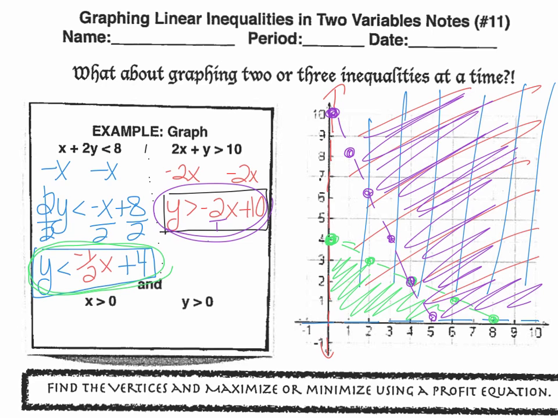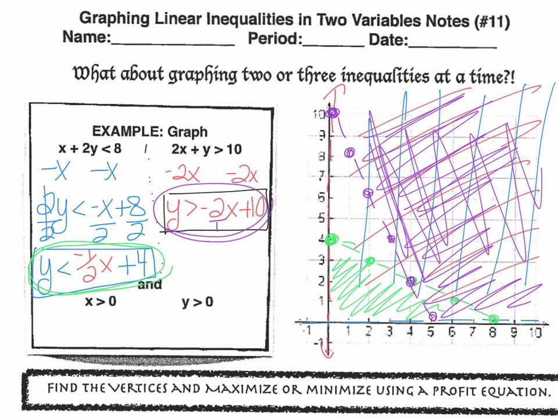Okay, and so we have a lot of different colors going on, and when you guys actually start graphing these, I would suggest to use different colors because it's much easier to see where your solutions are. So the solution to this system is where all of these different shadings are overlapping, and it has to be all of them.